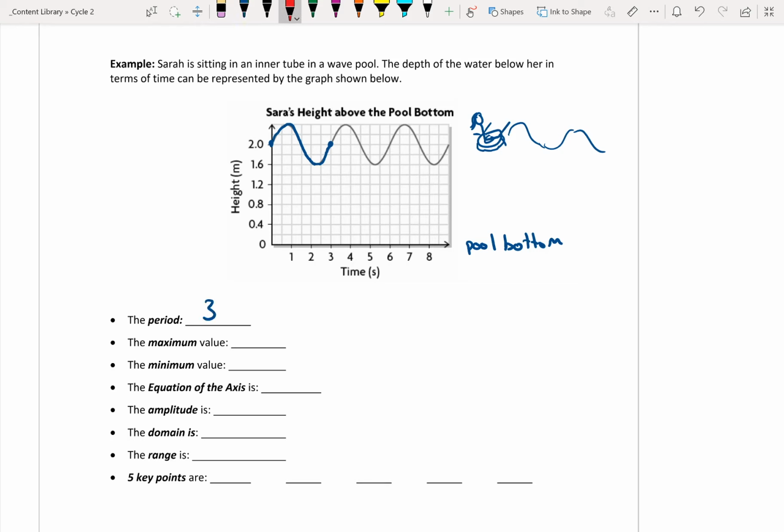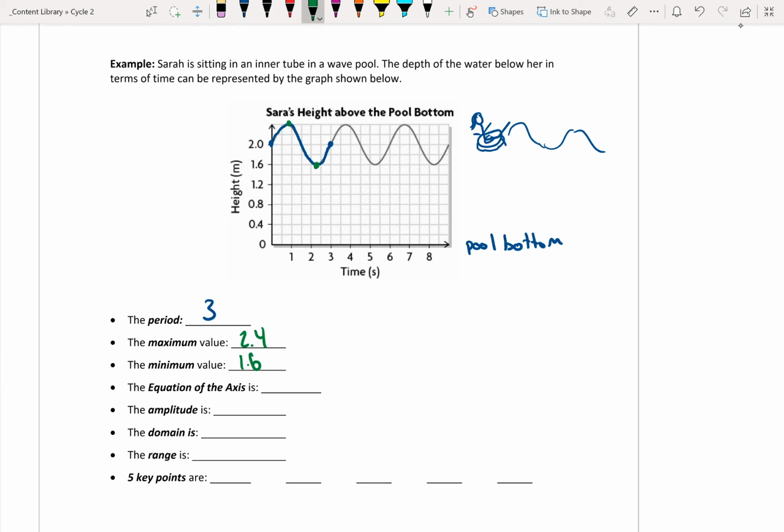I need to know the maximum value. Well, the maximum value and the minimum value are down there. So the maximum in this case would be, because we're going up by 0.2, the maximum would be 2.4. The minimum would be 1.6.